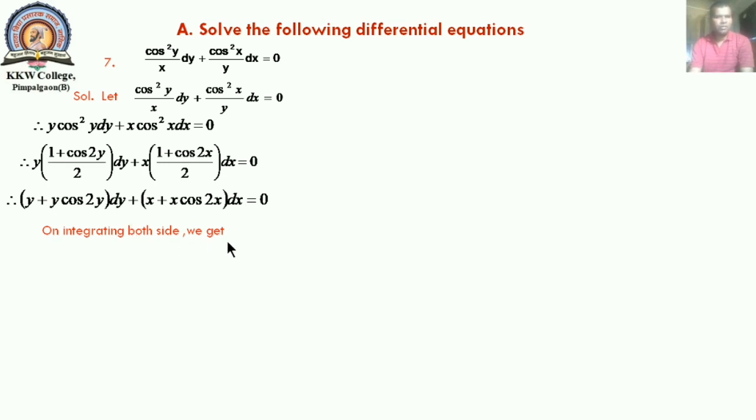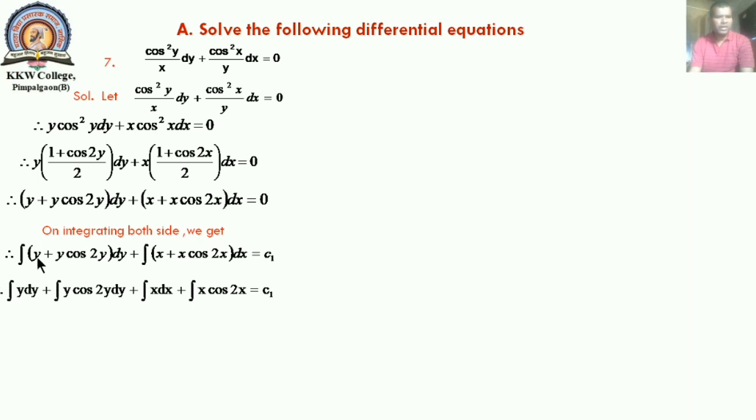Now integrating on both sides, splitting the integration: integration of y plus y cos 2y dy plus integration of x plus x cos 2x dx. That is, integration of y dy plus integration of y cos 2y dy plus integration of x dx plus integration of x cos 2x dx is equal to c1.